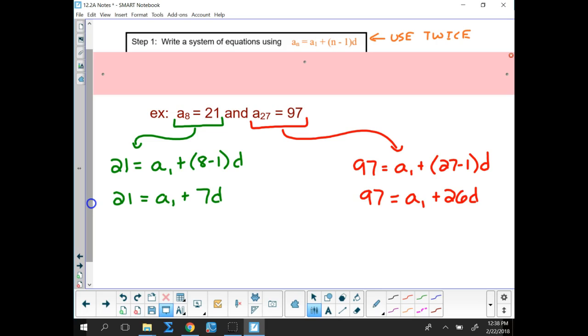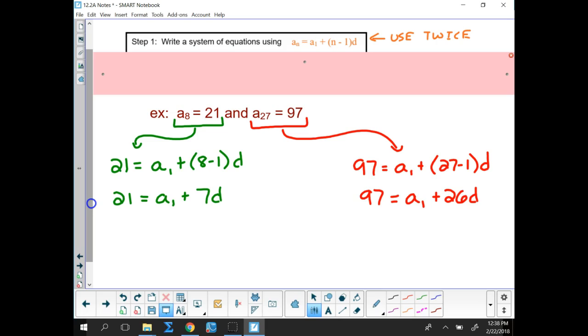Agreed? I've got two equations now with two variables. How do you want to solve it? What are our choices?